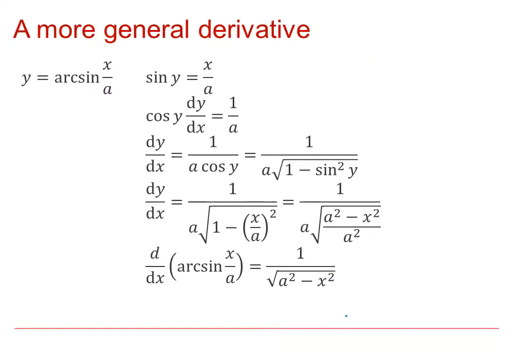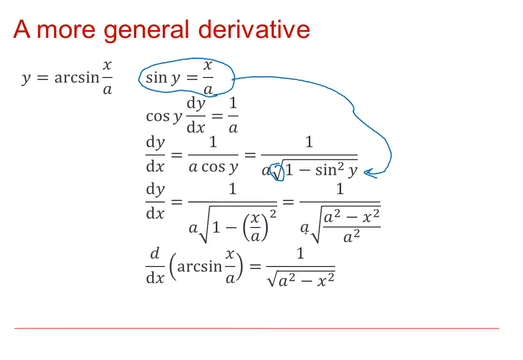So just to run through a couple of those key points again, we rewrite the arcsine x over a as the much more familiar trig function sine y, differentiate both sides with respect to x, and rearrange for dy by dx. We only need to take the positive square root because we know the gradient is at least 1, and we can replace sine y with x over a.